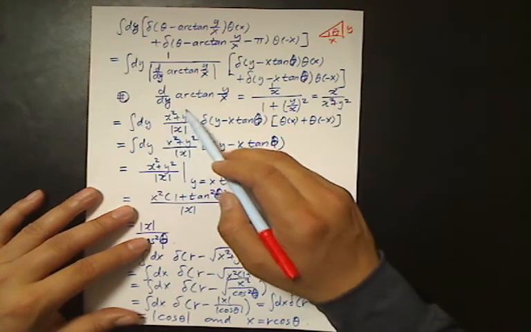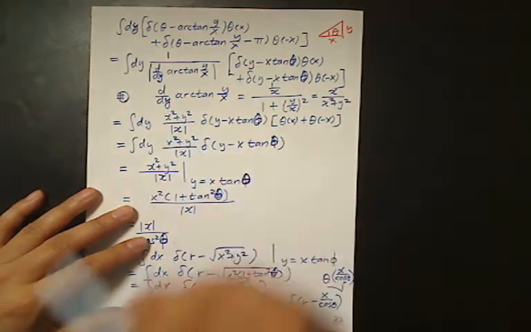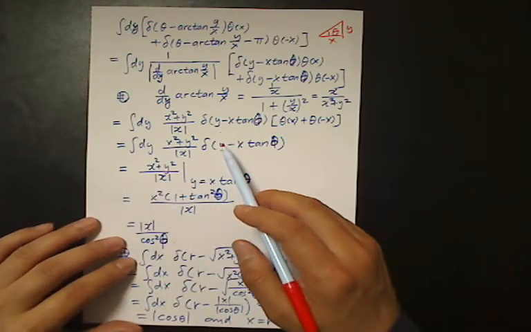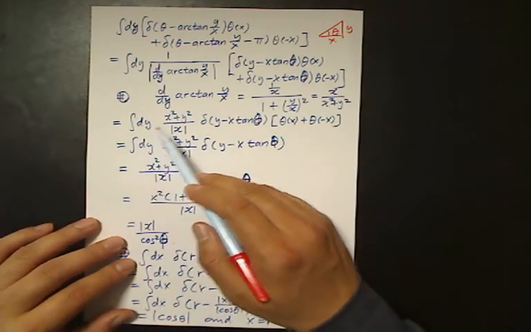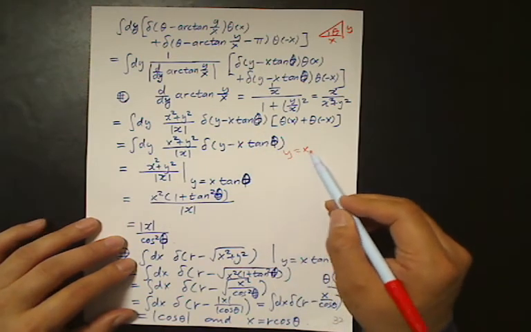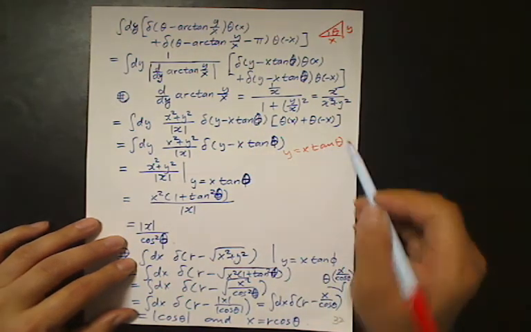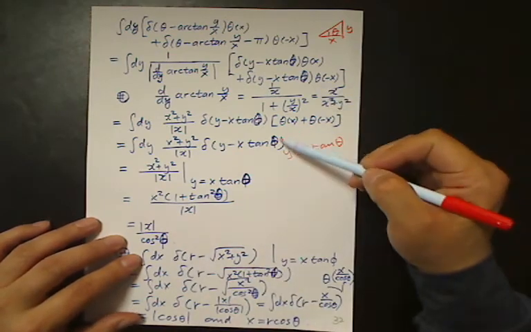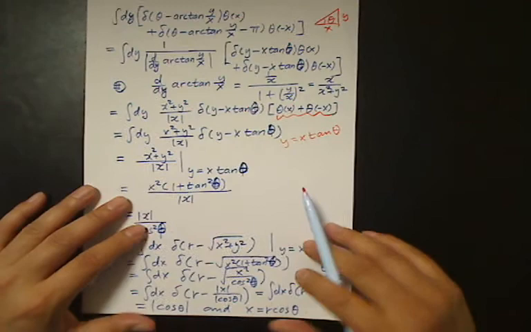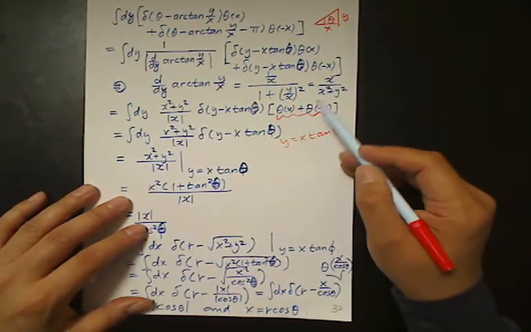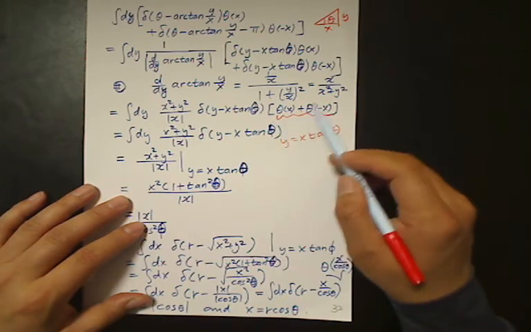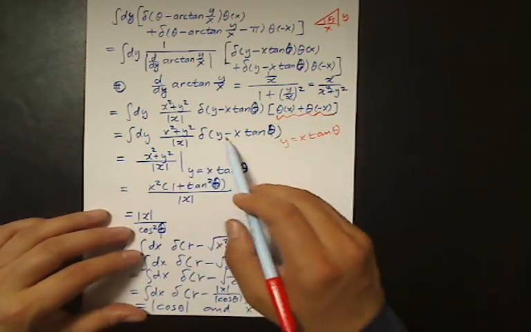The reciprocal of this is x squared plus y squared over the absolute value of x. After this y integration, y should be replaced with x tangent theta. Alright? And this one is always identity. x is either positive or negative, but this is just identity.